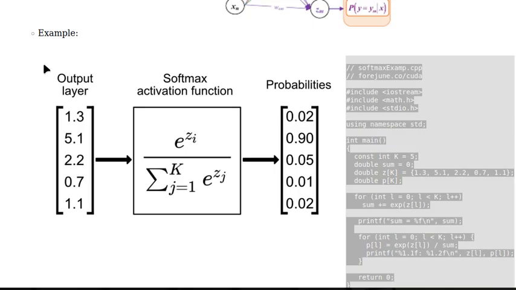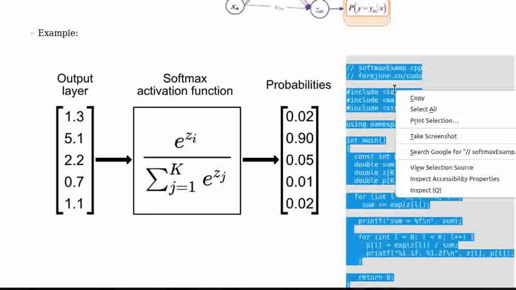Here is a simple example that shows the operation of the softmax activation function. These are the logits, the CLs we were talking about, and we feed these values into this function. It will generate the probabilities shown here. And this is the piece of code that does this. Let's copy this.